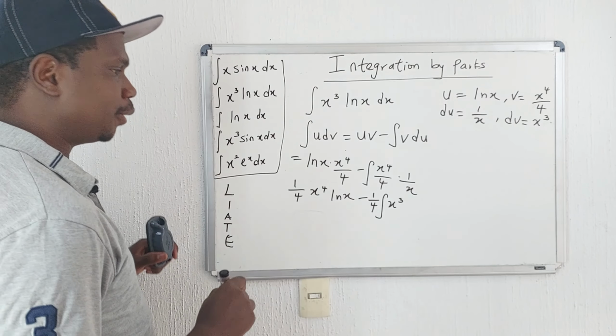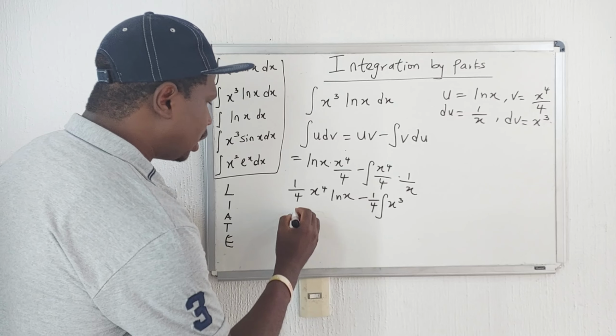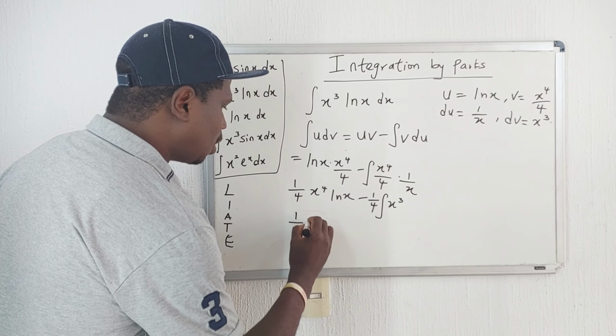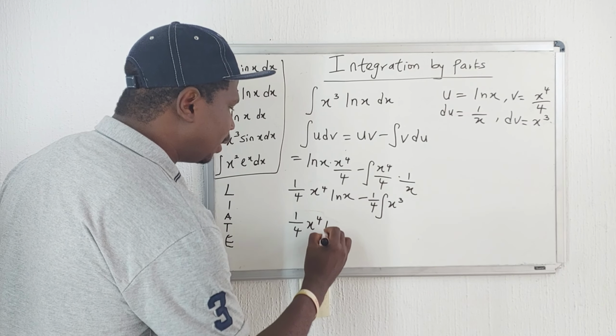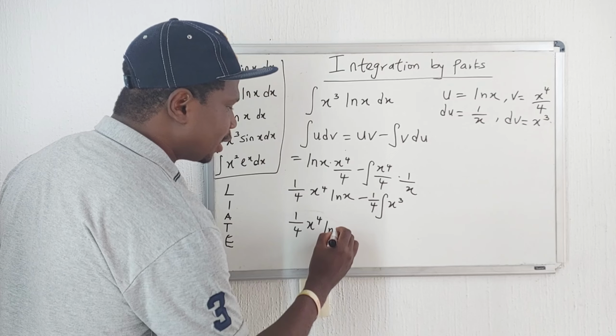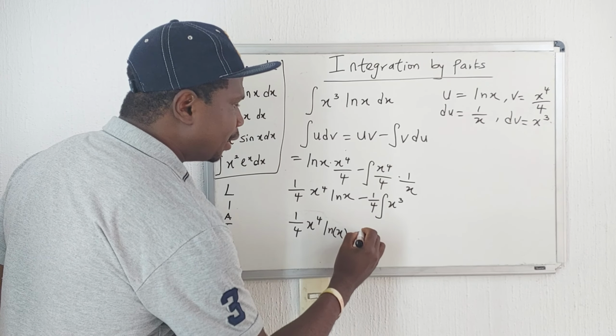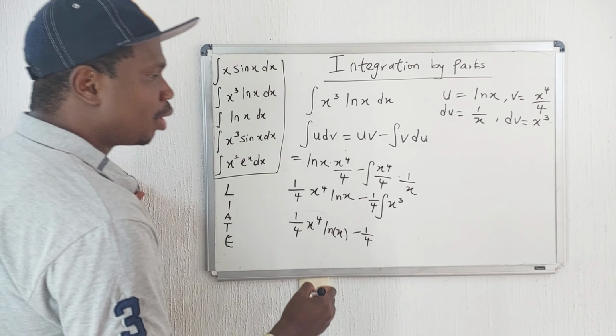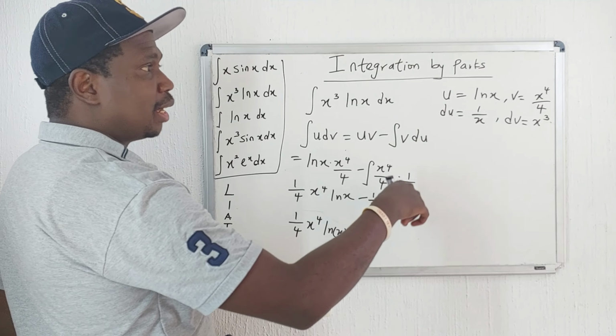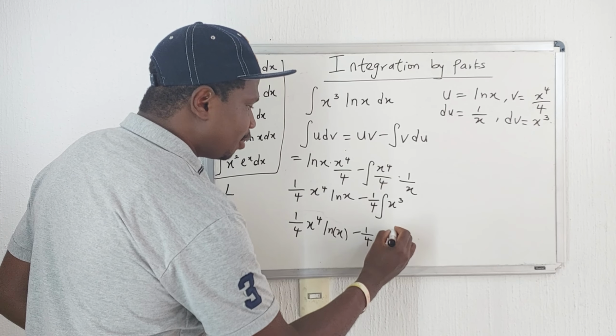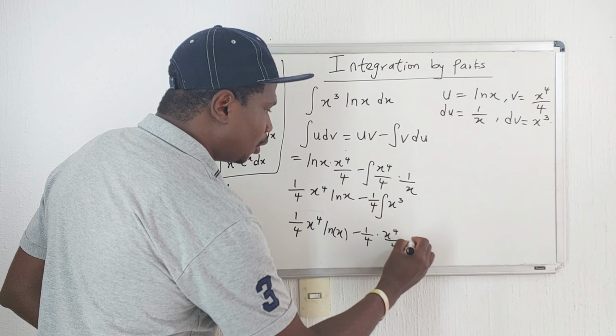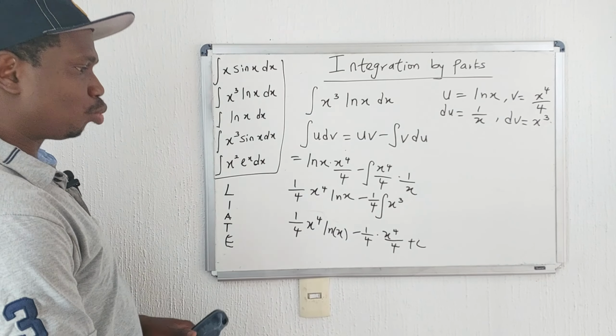I brought out my constant, then I can divide x to the 4 by x. I have x cubed remaining. So I have 1 over 4 x to the 4 ln of x minus 1 over 4. When I integrate x cubed, I have x to the 4 over 4 plus c.